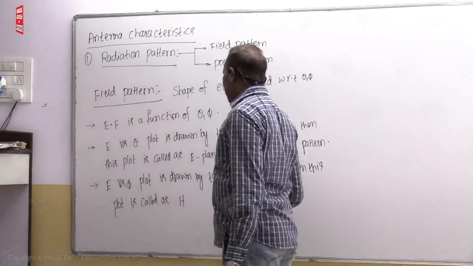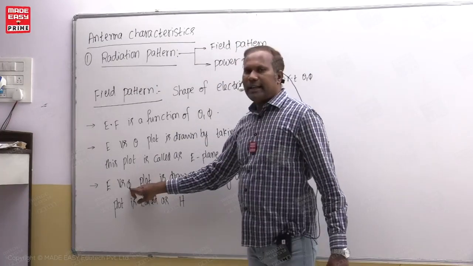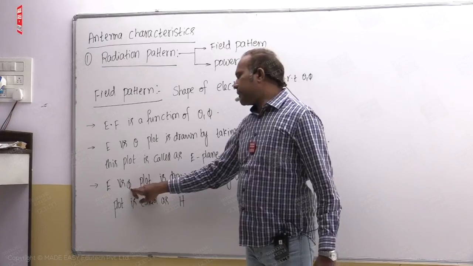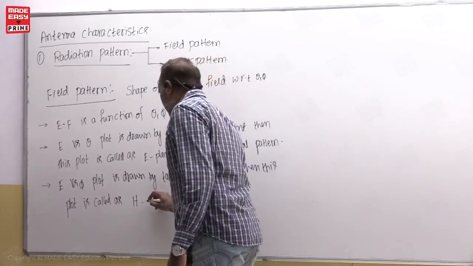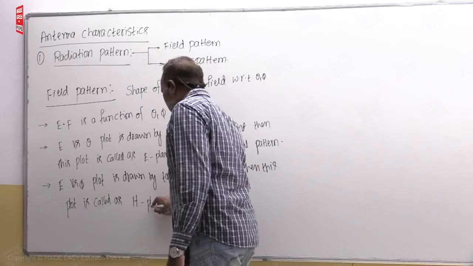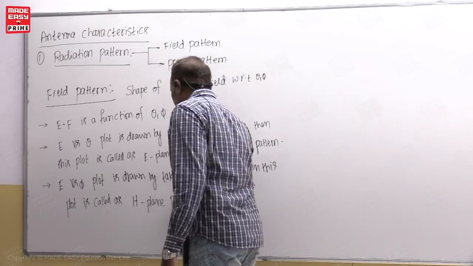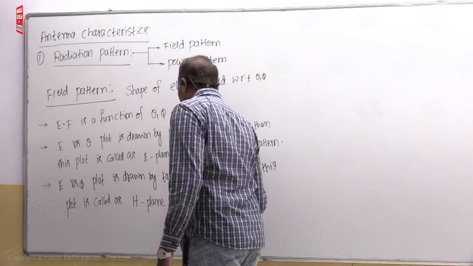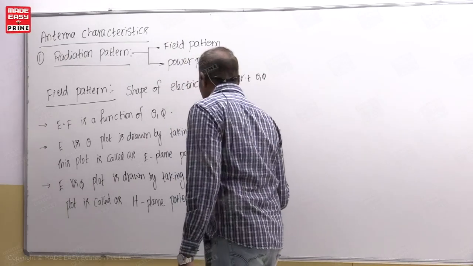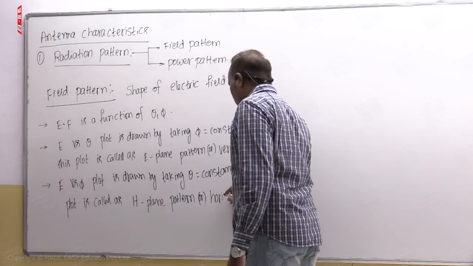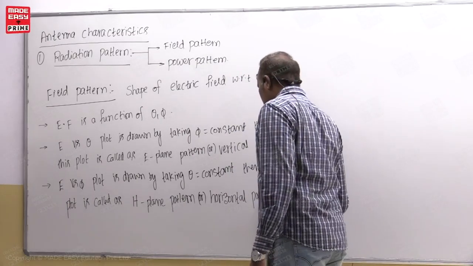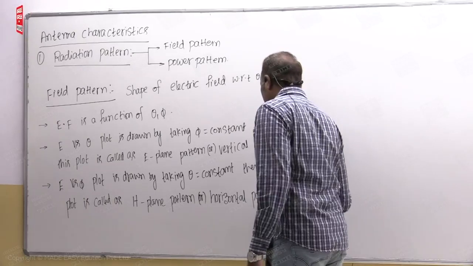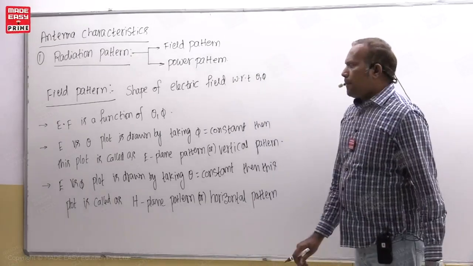H means horizontal, because here horizontal angle is varied, so that is why it is called H plane pattern. Okay, so H means horizontal here. H plane pattern or horizontal pattern.